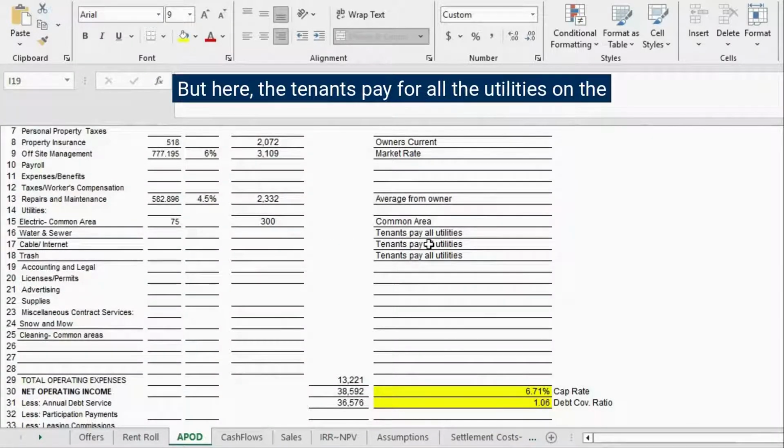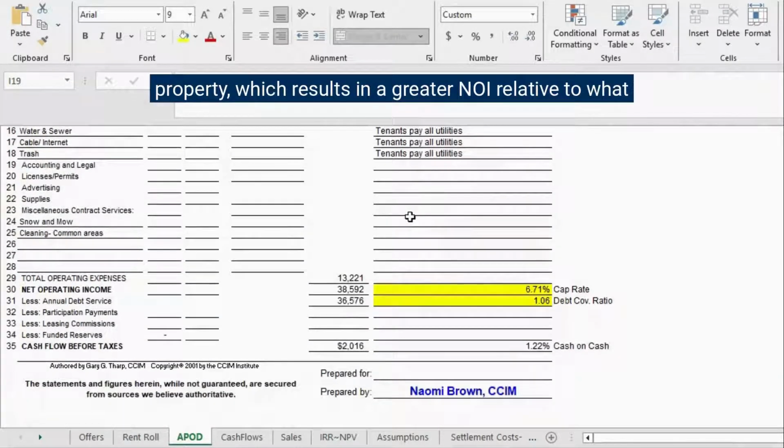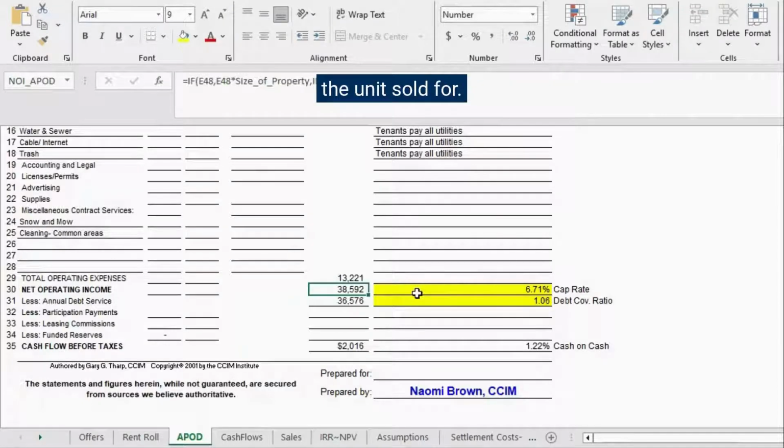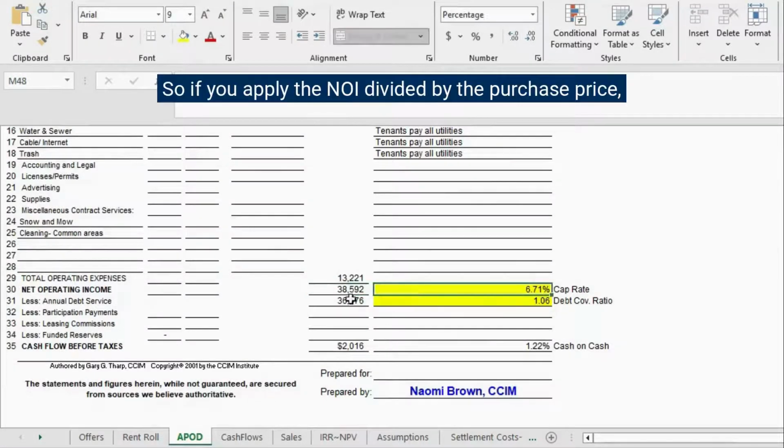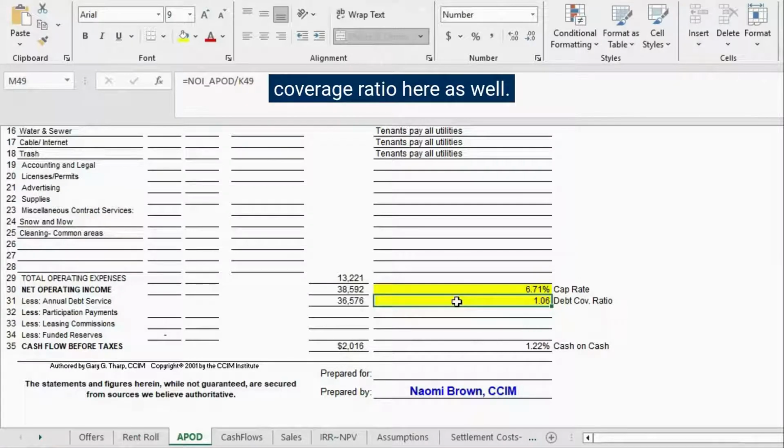But here, the tenants pay for all the utilities on the property, which results in a greater NOI relative to what the property sold for. So if you apply the NOI divided by the purchase price, pretty much identical cap rate and identical debt coverage ratio here as well. So which property is the better deal?